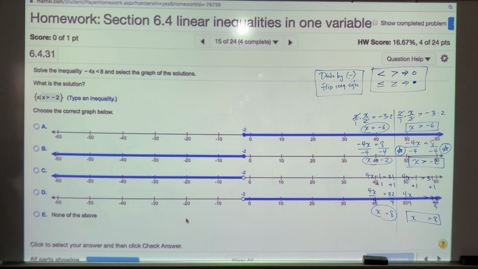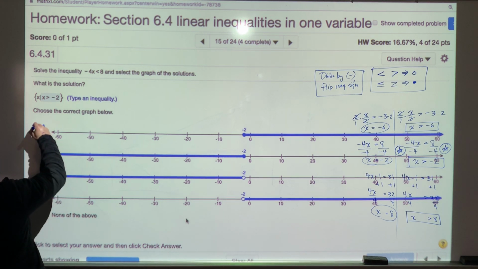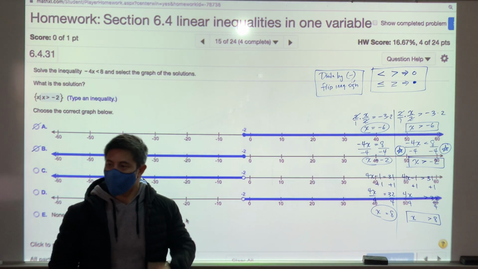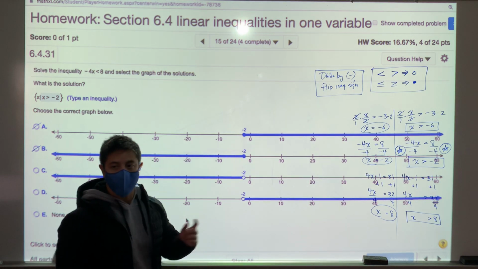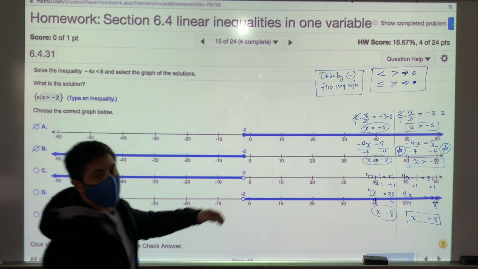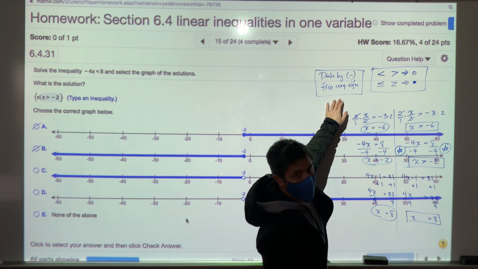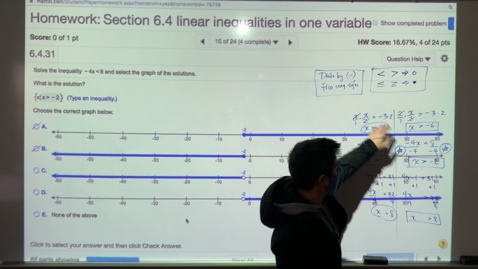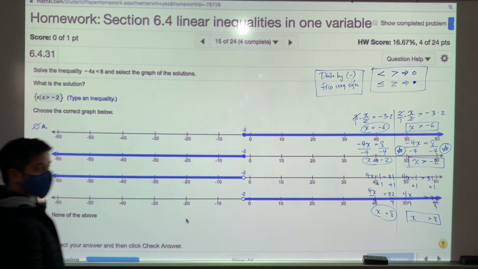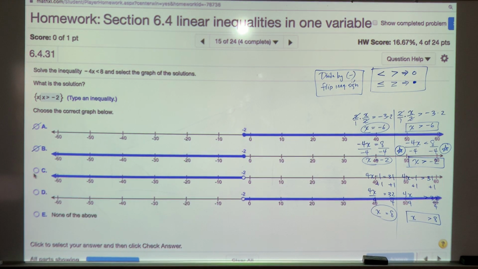Notice how you may have gotten everything right. Not selected the graphs with closed circles. Fantastic. But look what happens here. I have to make a decision between C and D. And if I had not known or recalled or remembered to apply this rule here, I would be choosing C as the correct answer.